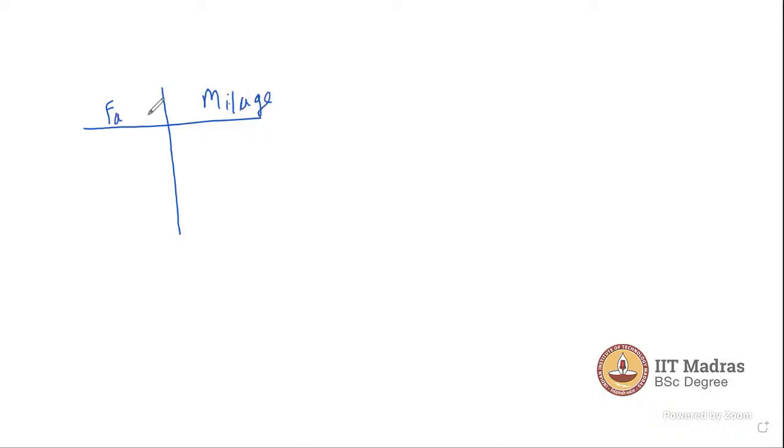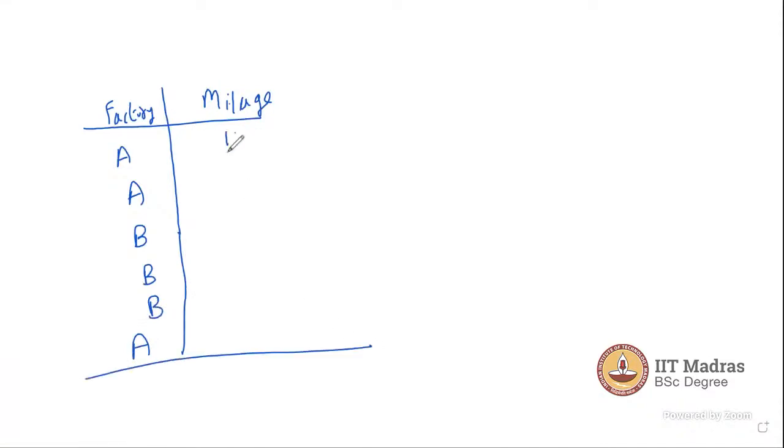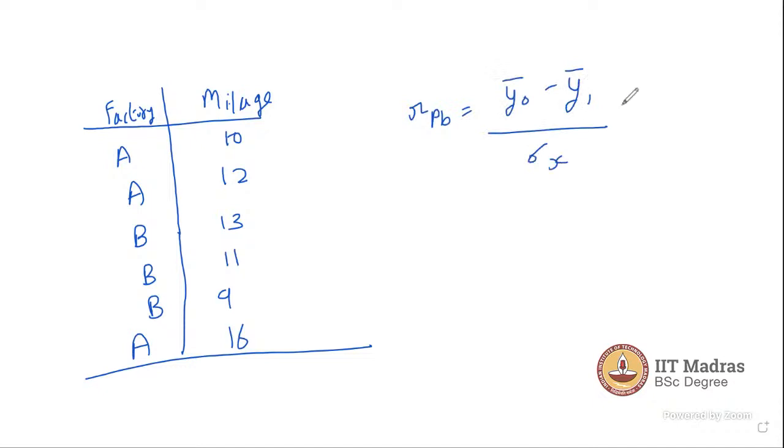The values are 10, 12, 13, 11, 9, 16. So our formula is (y naught bar minus y1 bar) over sigma into the square root of p naught p1. I think it's correct.